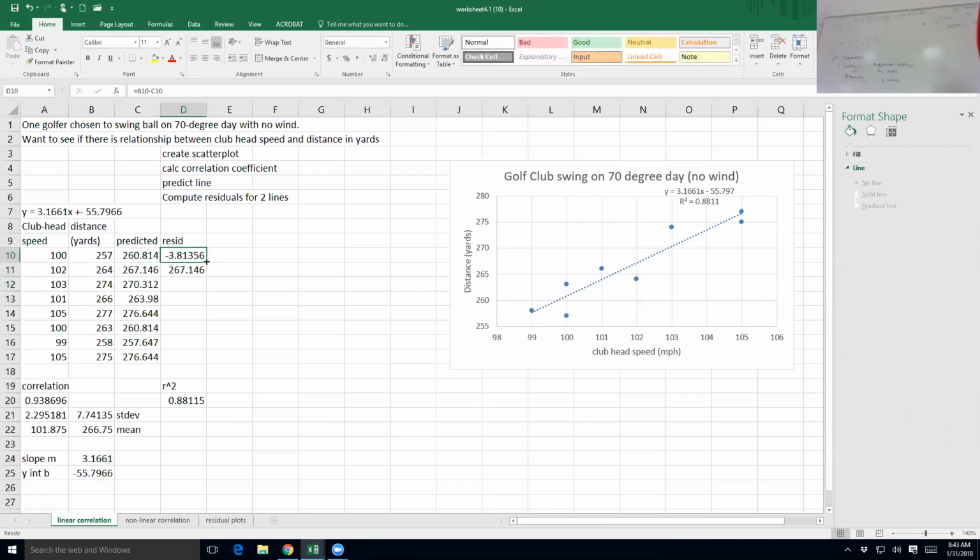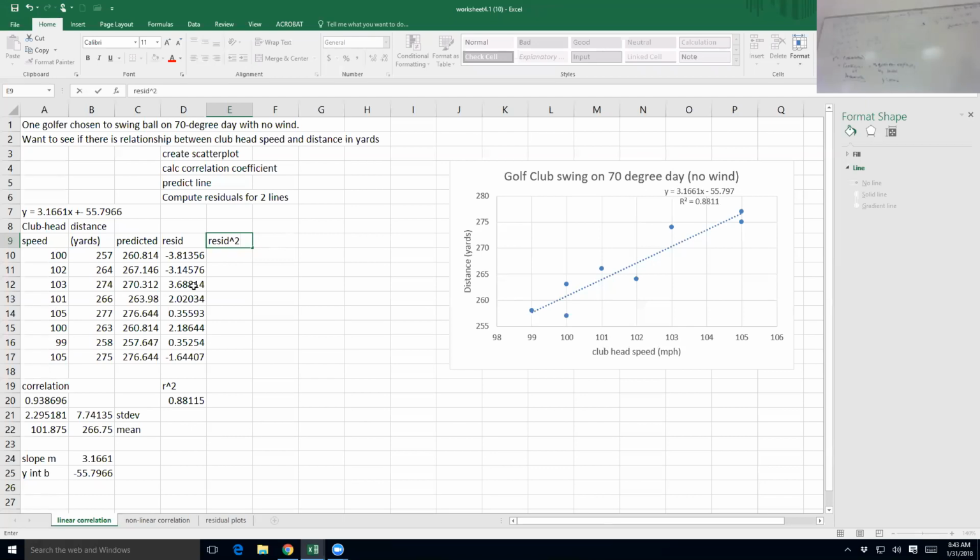Okay. Now I'm going to copy this down, and you can see that some are positive, some are negative. So what we're going to do now is figure out the residual squared, because I don't want to worry about negatives.